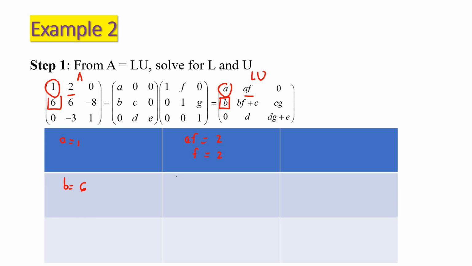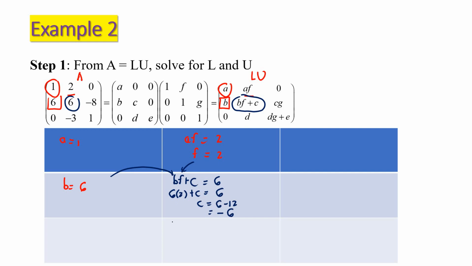And then here, second row, second column, BF plus C equals 6. Plug in B, plug in F: 6 times 2 plus C equals 6, so C is 6 minus 12, equal to negative 6.